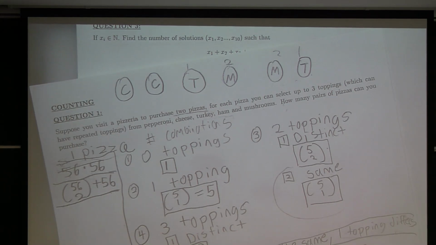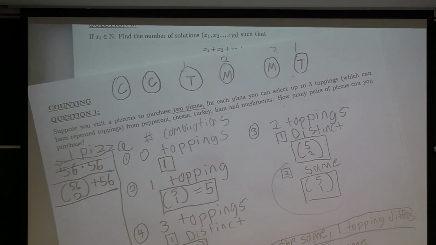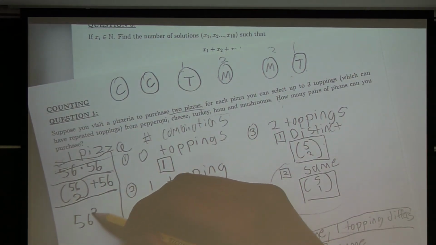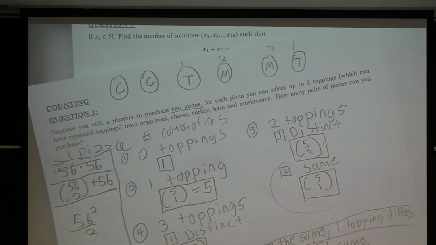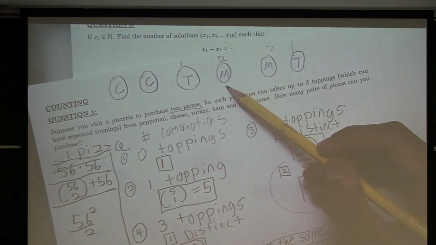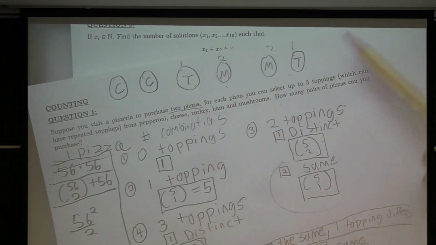Yeah. Why don't we just divide it? OK, so another question is, yes, you're saying 56 squared divided by 2? Yes. OK, so the problem with 56 squared divided by 2 is that although it accounts for the cases where if we have a turkey and mushroom pizza, for example, if we divide that by 2, it's a mushroom and turkey pizza.